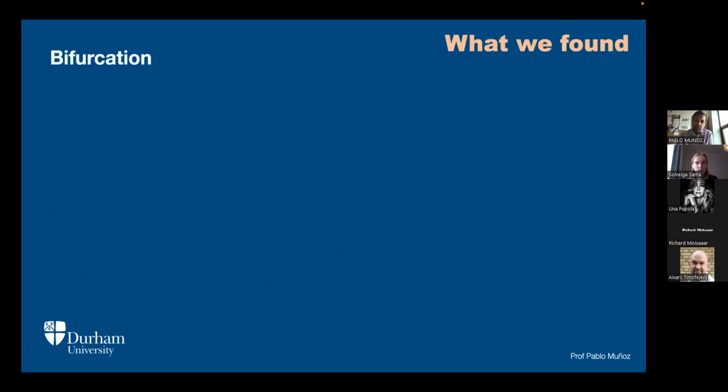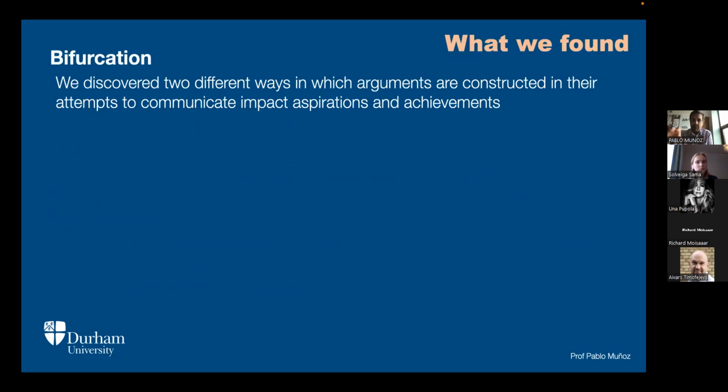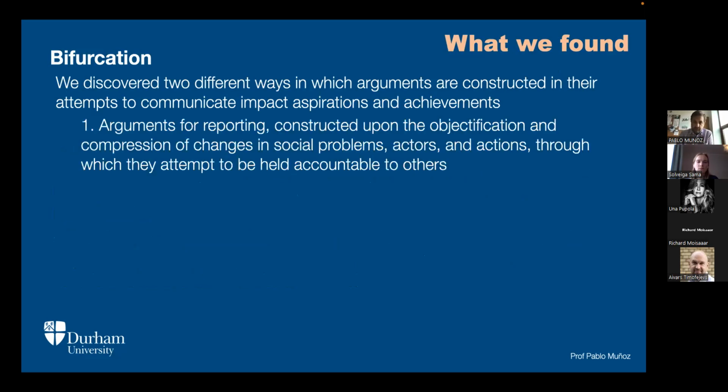So what we found is a very interesting bifurcation in the construction of arguments, in situations where people are trying to communicate impact, aspirations, and what they're achieving. So first, we realized that there are arguments for reporting.